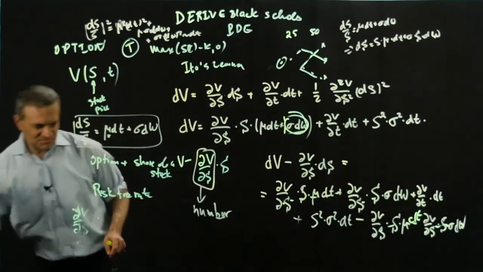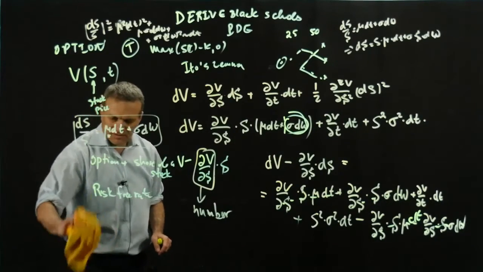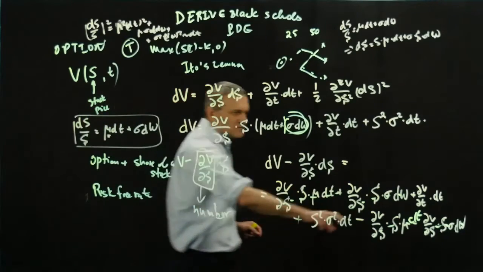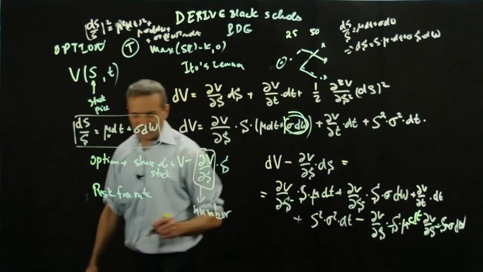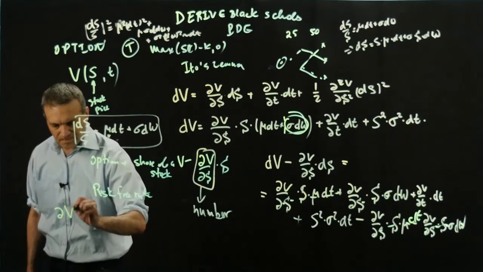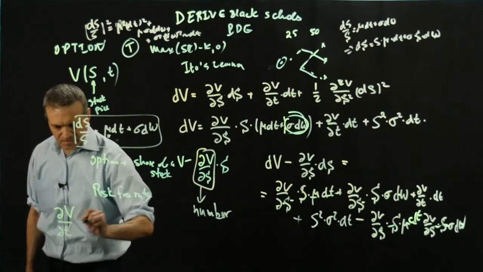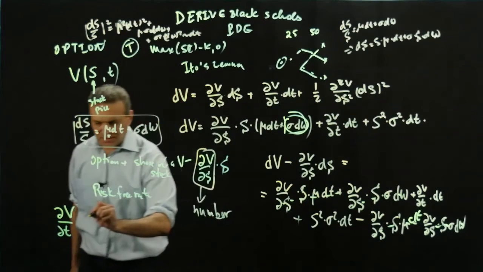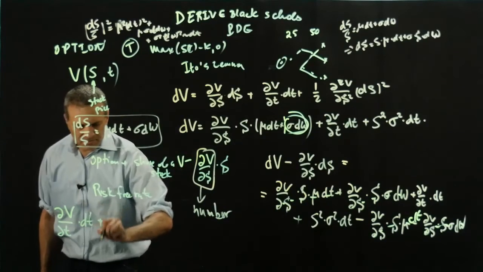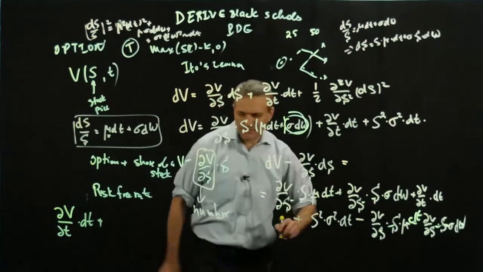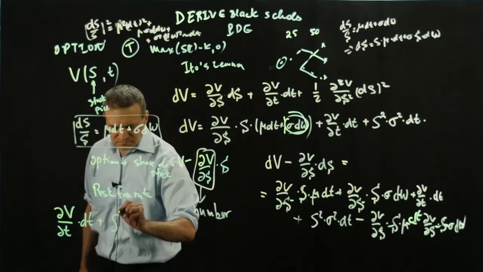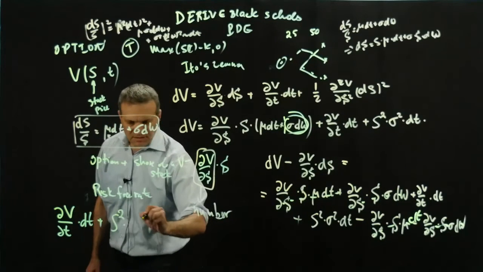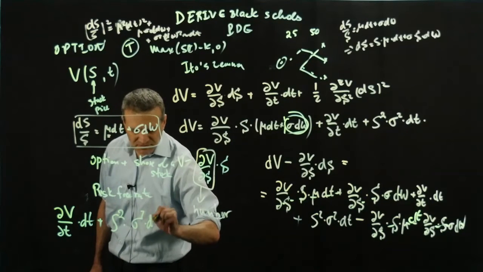So what is left is, first of all, dV/dt times dt, plus S squared times sigma squared times dt.